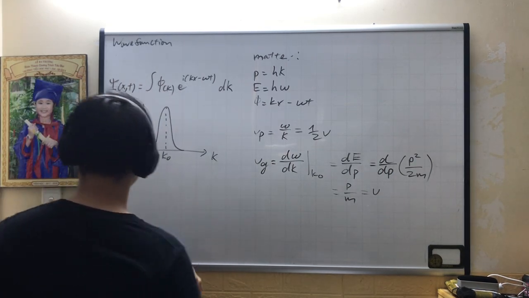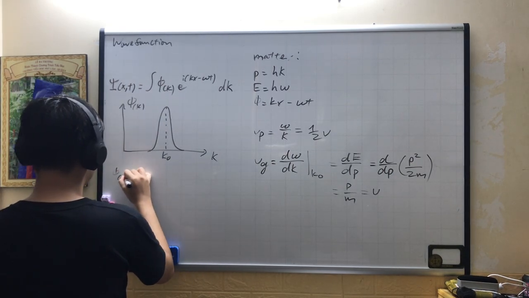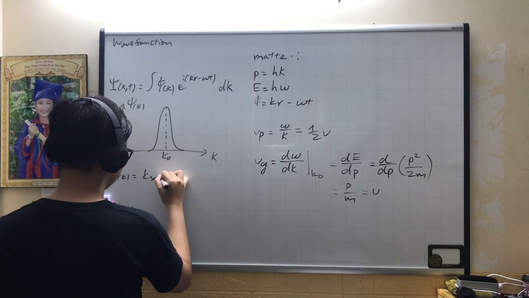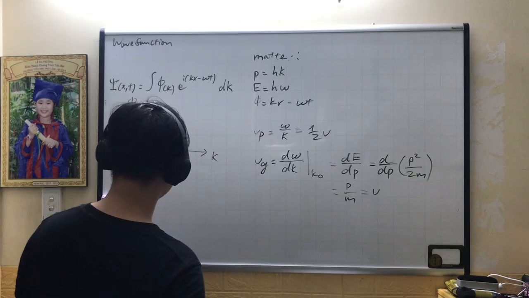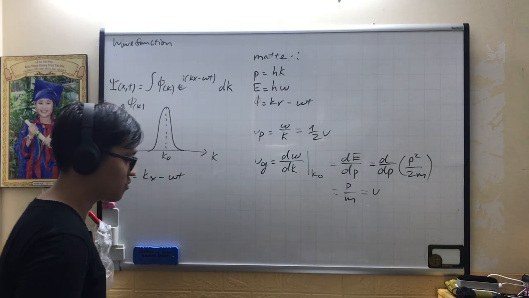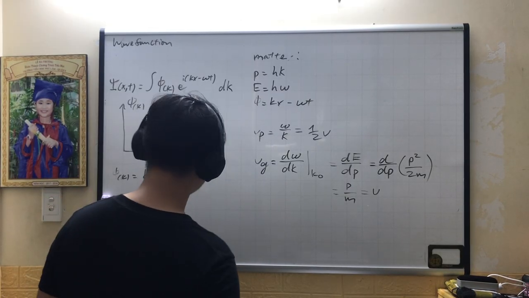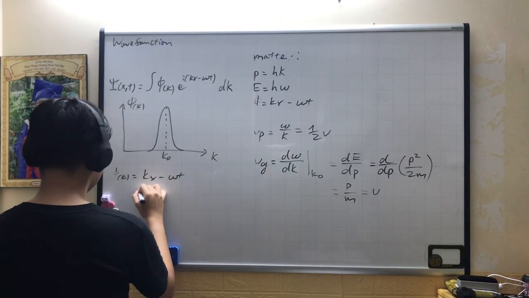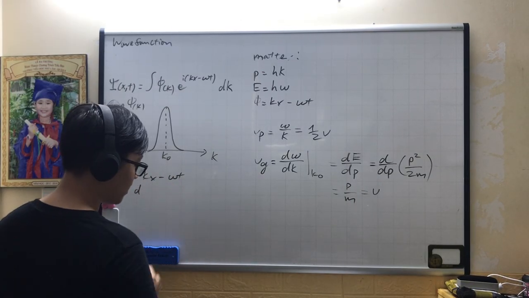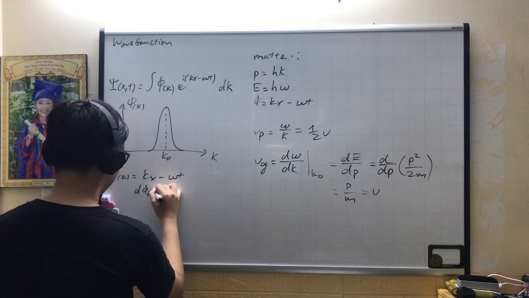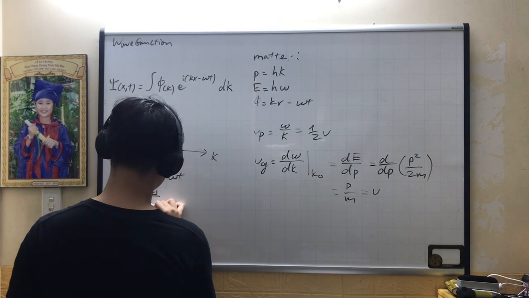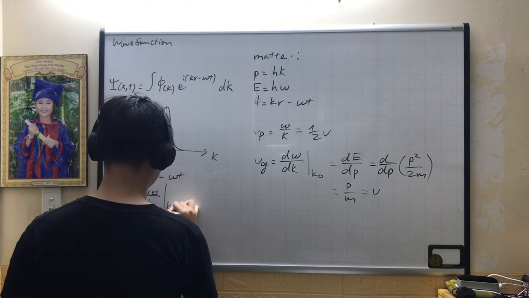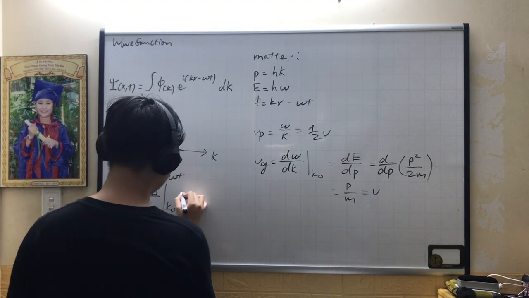And with this, we get that the phase is kx minus omega t. And now we're going to try to derive the group velocity from here. So we're going to differentiate this guy around k naught.